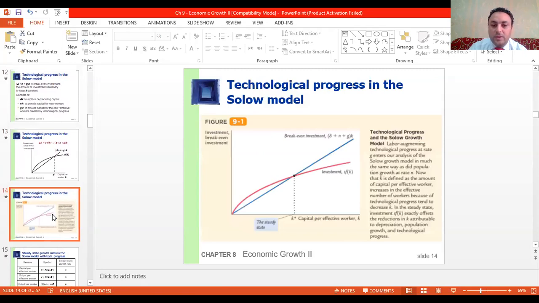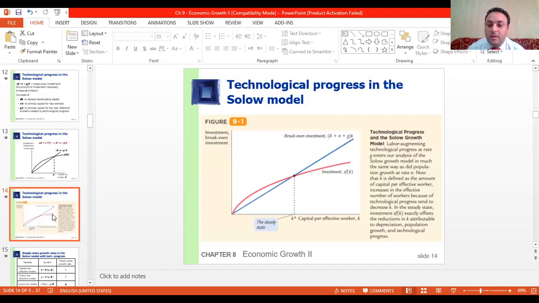The labor-augmenting technological progress at rate g enters our analysis of the Solow growth model in much the same way as did population growth at rate n, as we saw before.